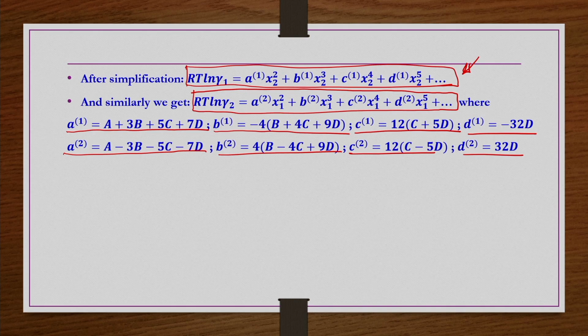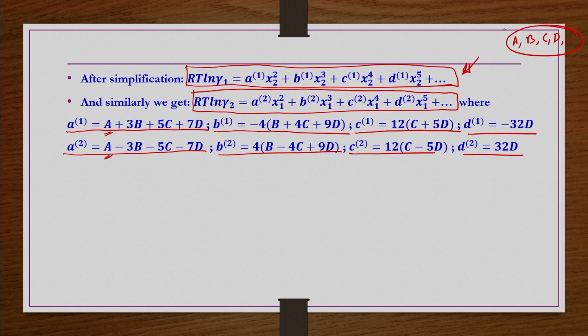Those constants we are obtaining in terms of these A, B, C, D constants like this. So now if you write only the 2 suffix Margules equation, that means that B, C, D etc. are 0. So then only A is there. And then you can observe this B1, C1, D1 is not having any capital A terms.